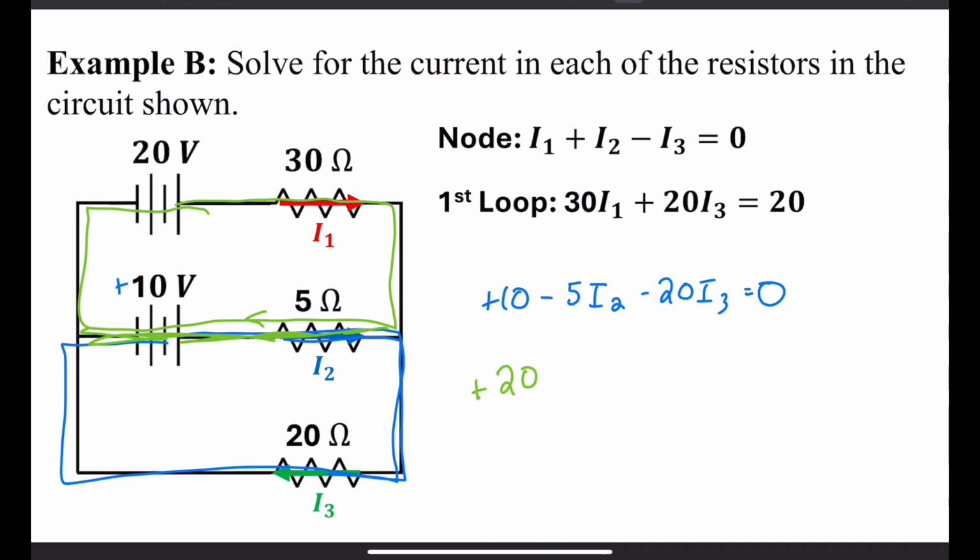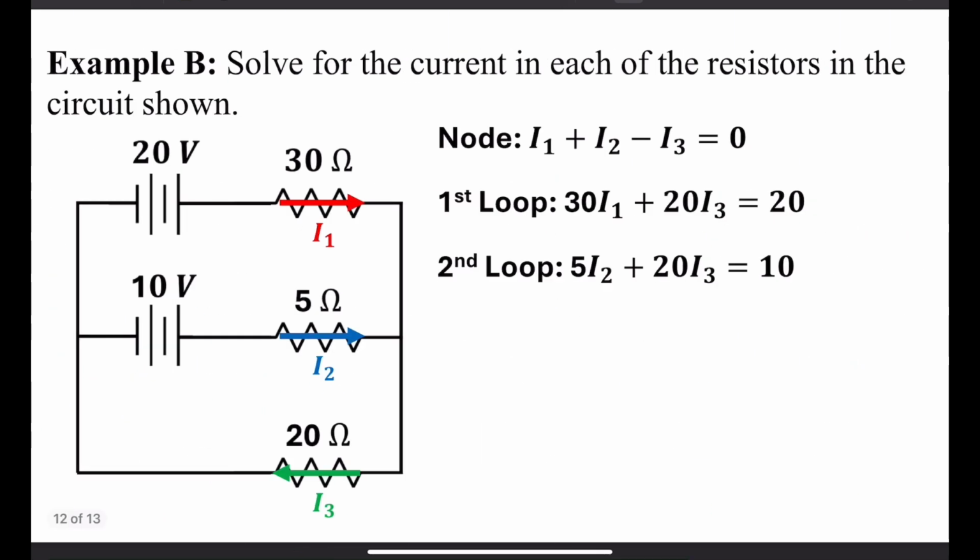So I would have 20 minus 30 I1, and then minus 5 I2 plus 10. So the signs would get reversed. Just to make things easier, I chose the two loops with only one battery. So the bottom loop gave me that equation, and solving that equation gives those currents there.